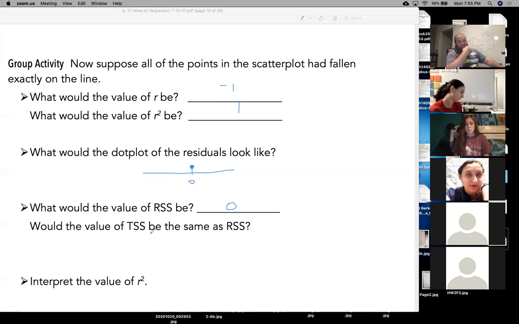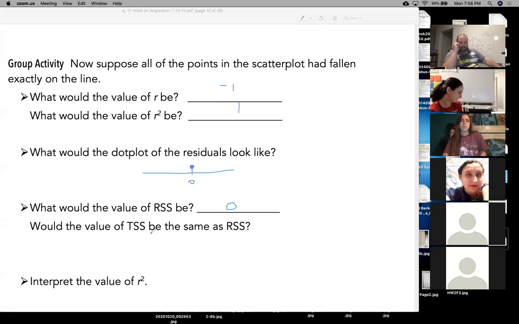What do you guys think? The total sum of the squares. Would it be the same as RSS, which is also 0?